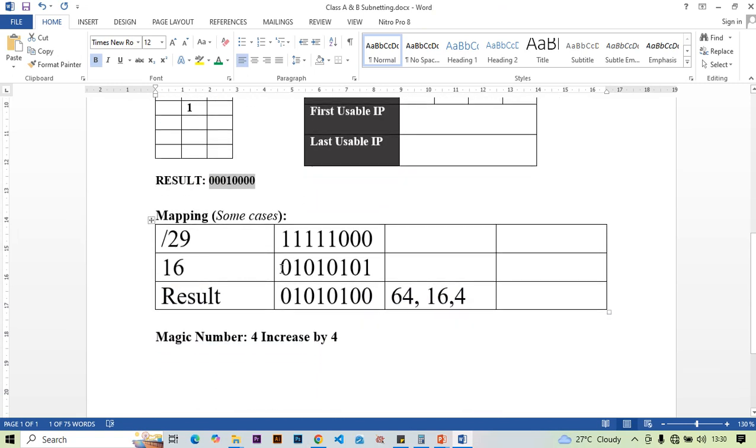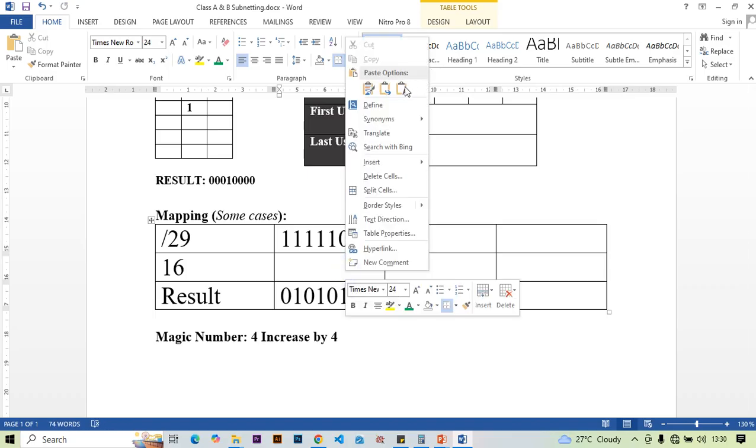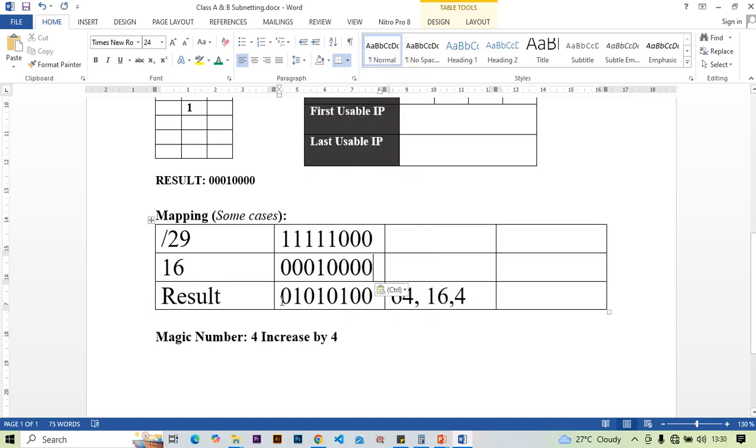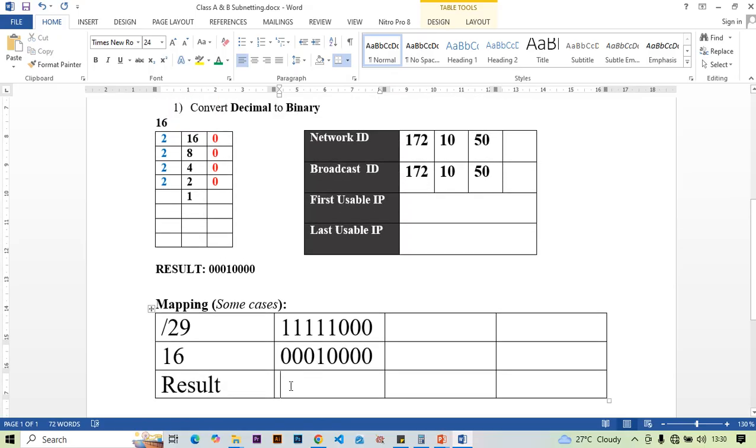Okay, so we also put it here. Good. So now, what values are we going to get? When we map these two, it means we are going to have 0, 0, 0, 1, 0, 0, 0, 0.